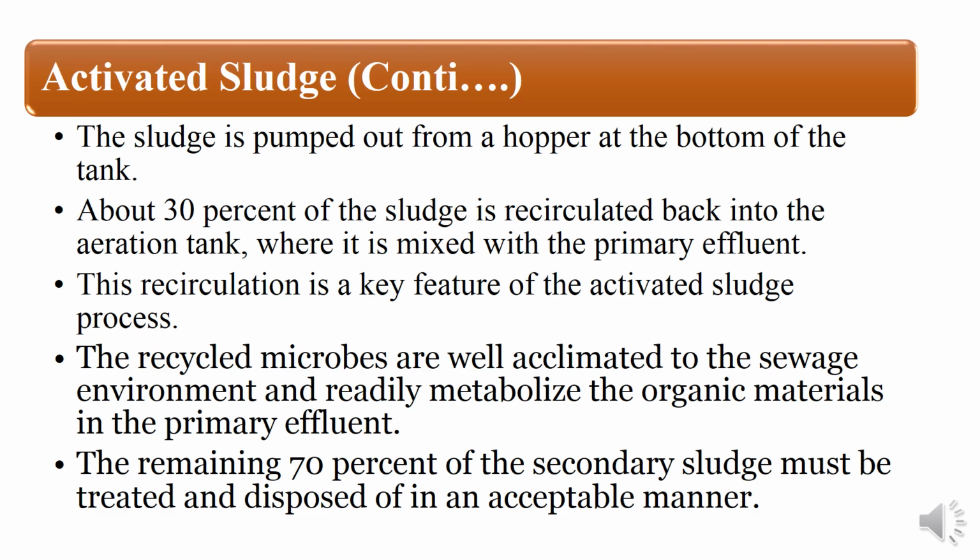About 30% of the sludge is recirculated back into the aeration tank, where it is mixed with the primary effluent. This recirculation is a key feature of the activated sludge process. The recycled microbes are well acclimated to the sewage environment and readily metabolize the organic materials in the primary effluent. The remaining 70% of the secondary sludge must be treated and disposed of in an acceptable manner.